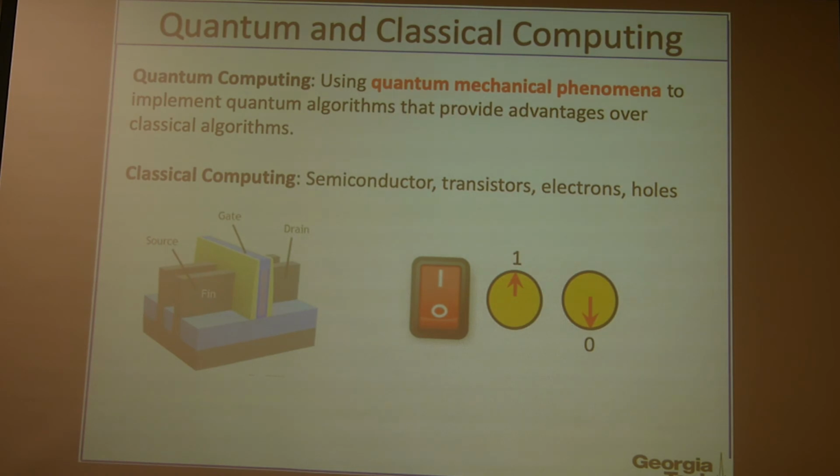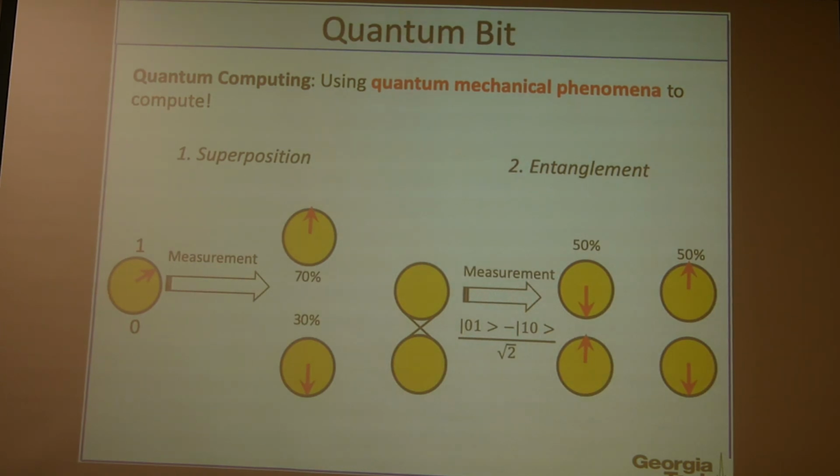In classical electronics, we say that an electron is flowing, and what we are doing is just allowing it to flow or not allowing it to flow. That's how today's digital electronics works. In quantum computing, we use two other quantum mechanical phenomena of our computing entity, which can be an electron. The first is superposition, and the second is entanglement.